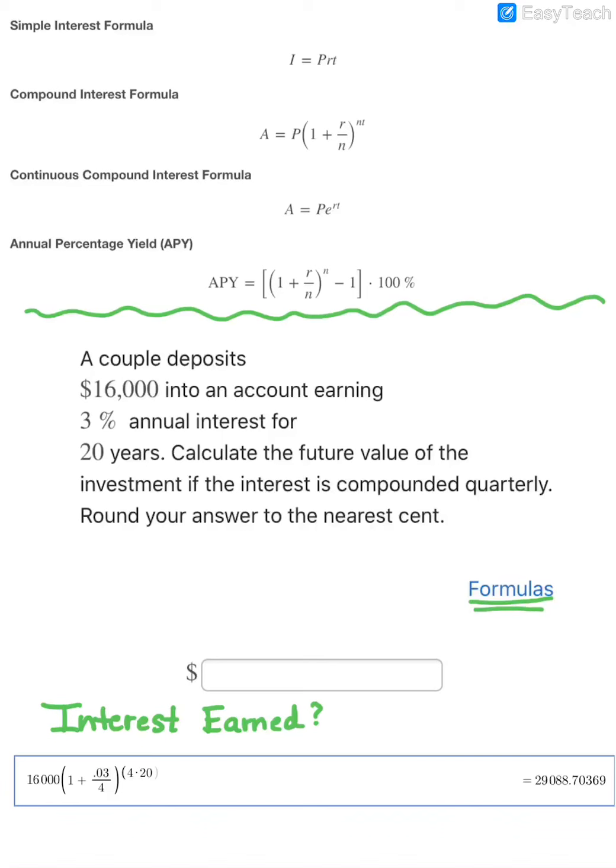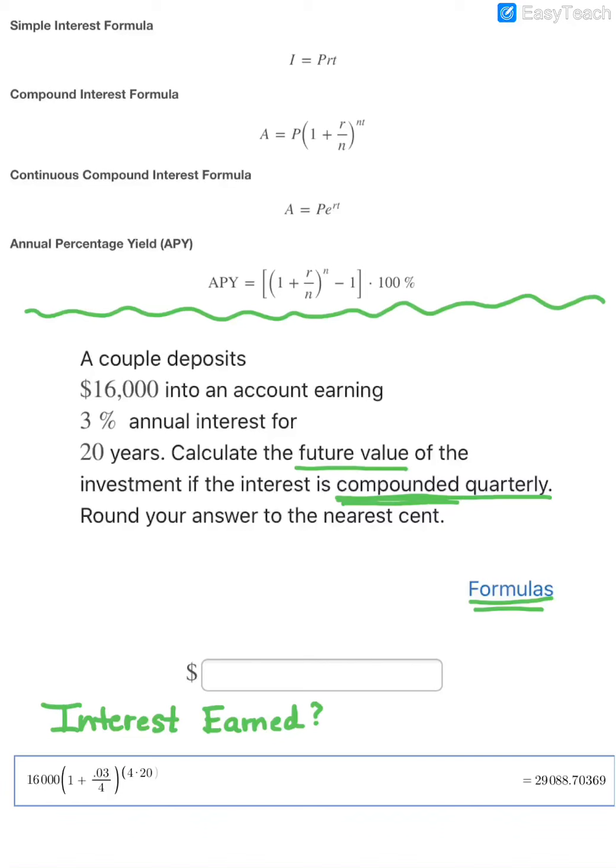On this first problem, we have a couple who deposits $16,000 into an account that is earning 3% annual interest for 20 years. We are looking for the future value of that investment if interest is compounded quarterly. Here is a key word for you to decide which formula you need.